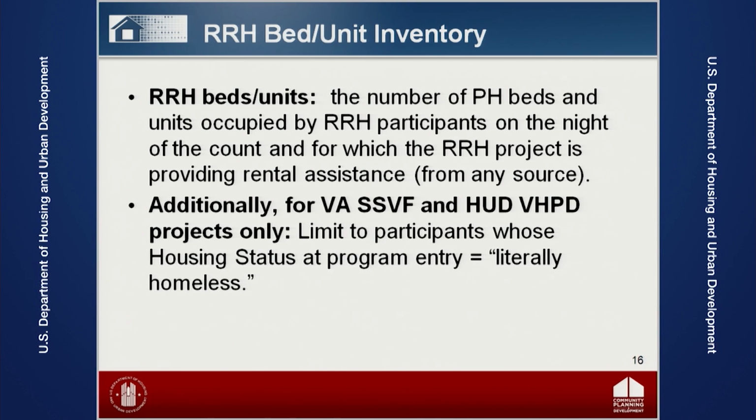Therefore, COCs must also limit SSVF and VHPD rapid rehousing project inventory to participants whose housing status at program entry is literally homeless. This allows a COC to identify those participants who were enrolled and are receiving rapid rehousing assistance.